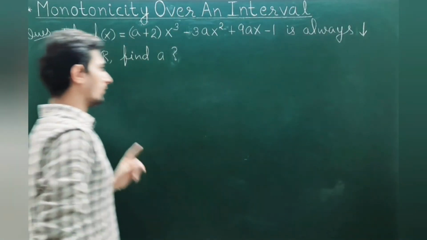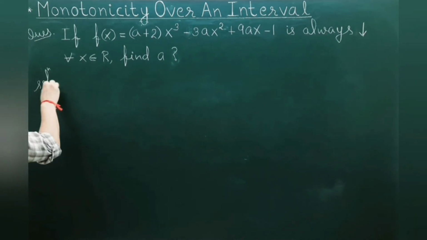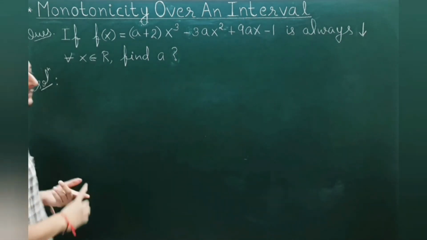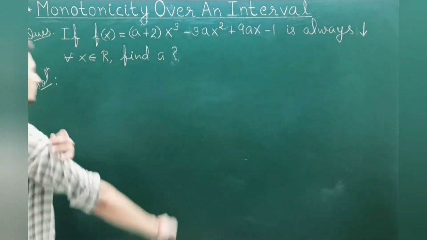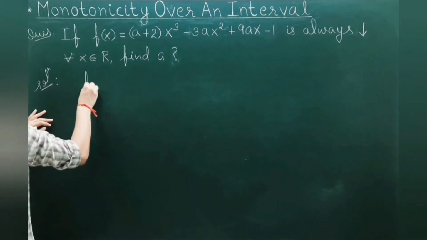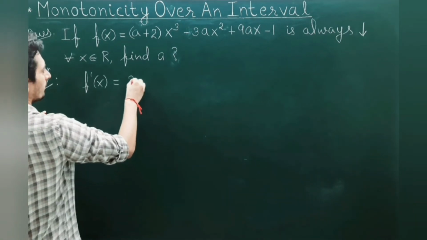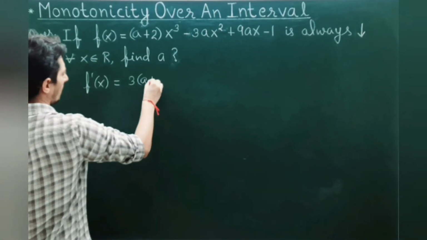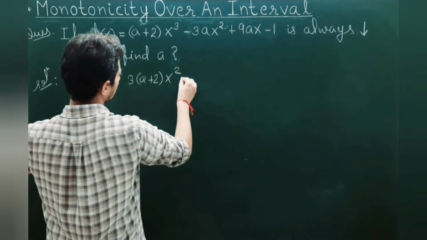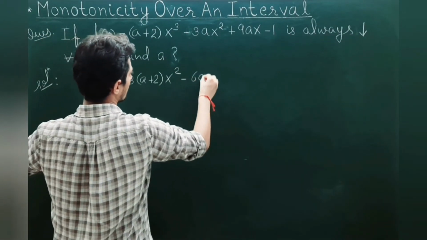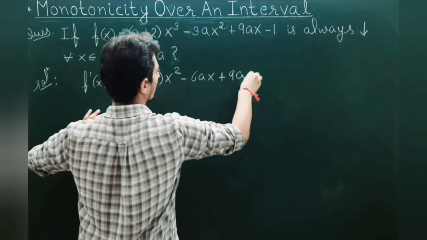Okay, so we know that for f(x) to be decreasing, its derivative must be negative or less than or equal to 0, right? So let's check the derivative. Here I have f dash x equals 3(a plus 2)x square minus 6ax plus 9a.